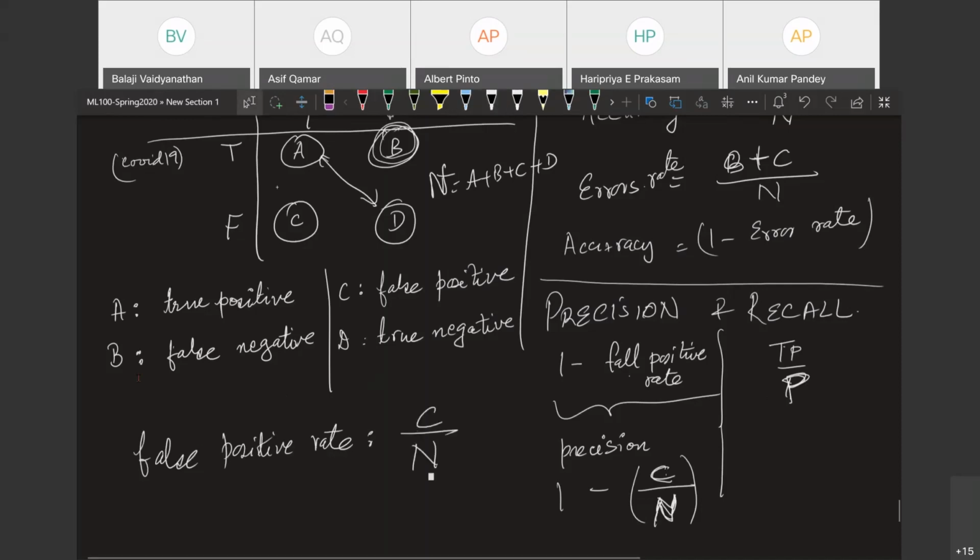Can we just reason through that? If we have total N data points and we have C people we mark as false positive, which means that let us take a population again of 1,000, 16 people are sick, have cancer or something, let us say. But our equipment has marked 100 people as sick. Would you consider that to be a good test? It is not a very good test.